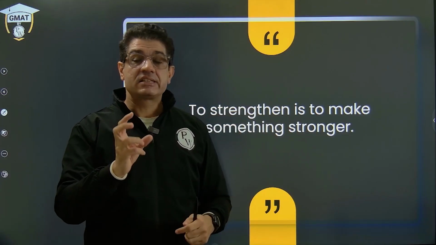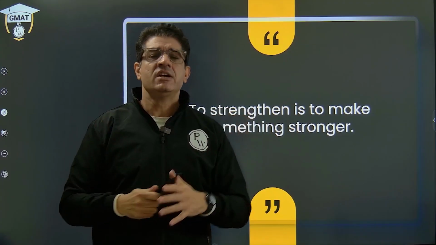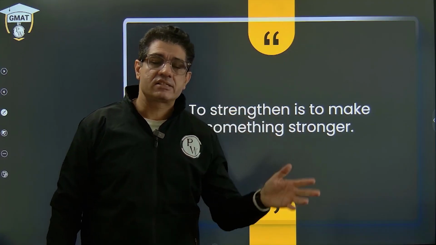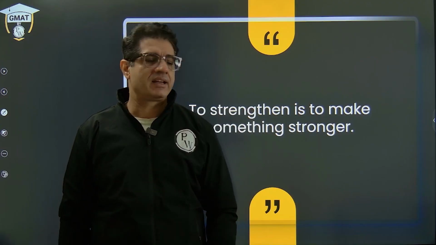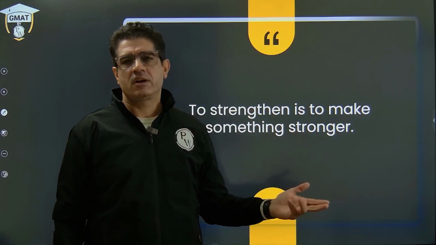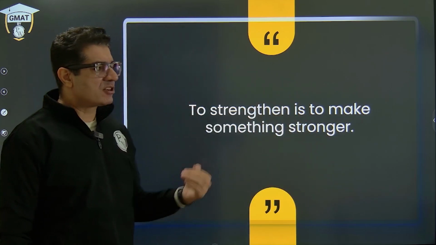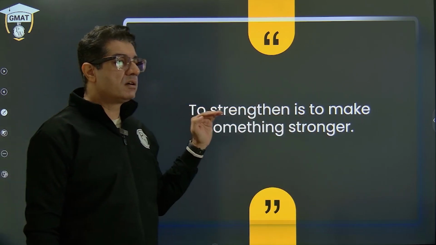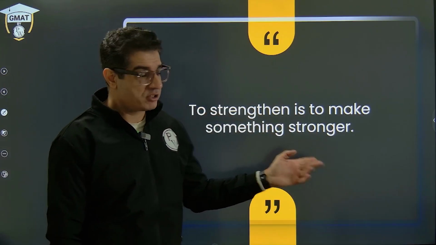You can state the assumption. An assumption is nothing but an unstated premise. So stating it, making that unstated part stated, visible, can enhance the impact. And finally, you can cite some facts, statistics, examples, evidence that goes on to support the premises or the assumptions which are already present in the argument.